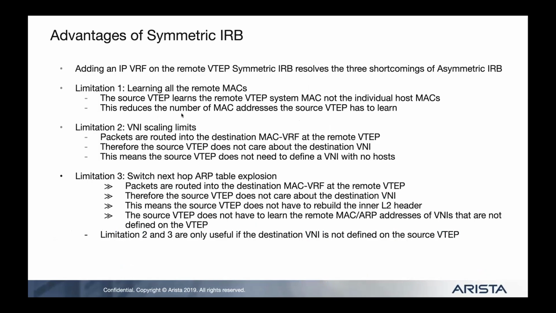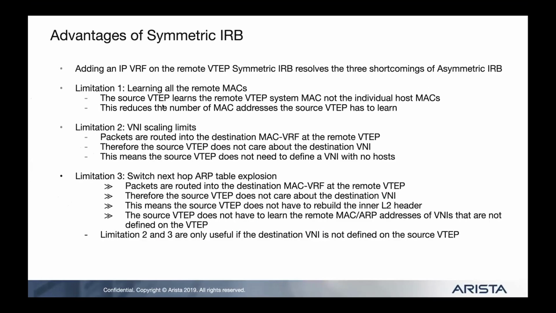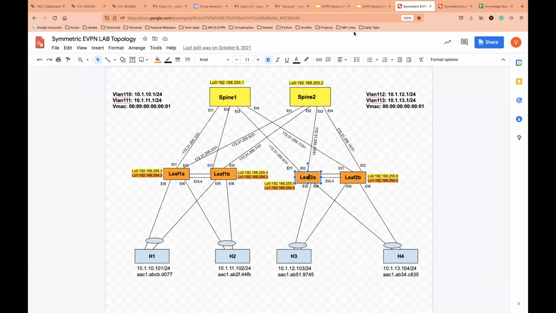Now let's talk about the advantages of symmetric IRB. We already discussed some of them. With symmetric IRB, one advantage is that these hosts are in different SVIs, and you don't have that SVI here.